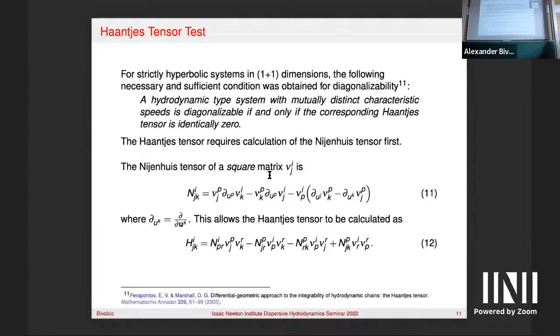But the key is that the system is overdetermined. So you have a constraint on the initial conditions. And possibly this requires functional dependence between these coordinates. So it's not possible to single out the sub 5 by 5 system. It's not integrable in the sense of the Haantjes tests.